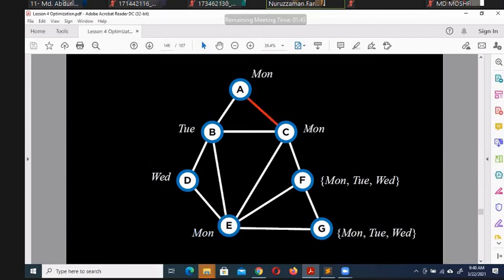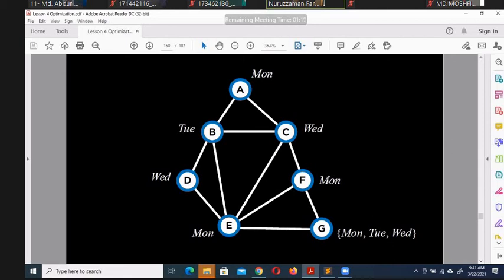Then we can see that again there is a violation of the rules. If we use Tuesday, again there is a violation of the rules. But this time if we use Wednesday here, the arc consistency is satisfied. So using backtracking, we change one variable to one value, and now the arc is consistent.